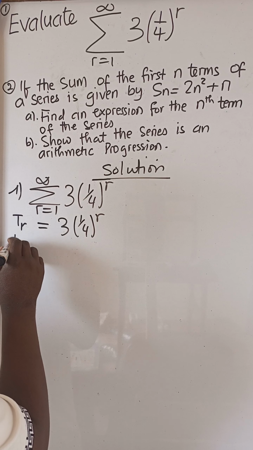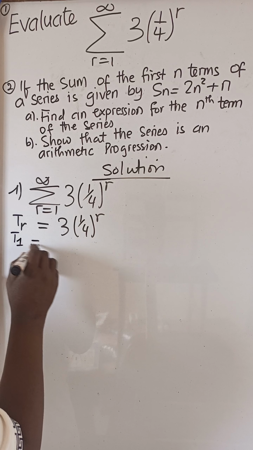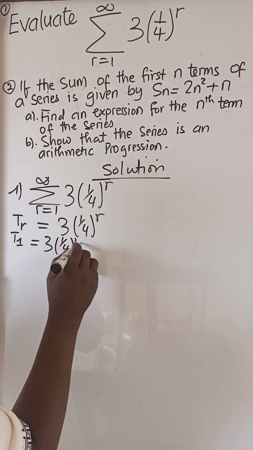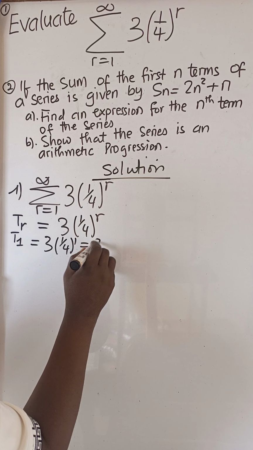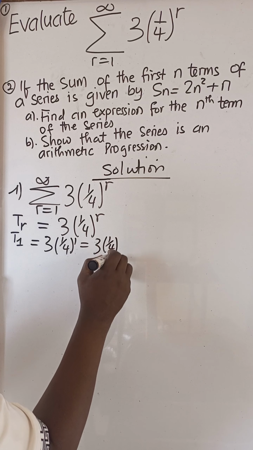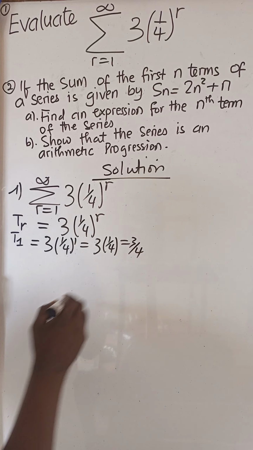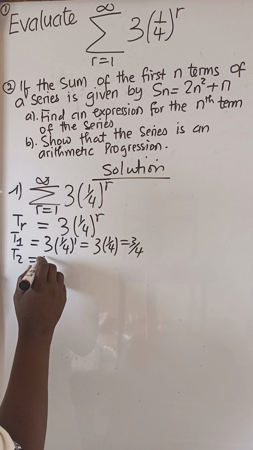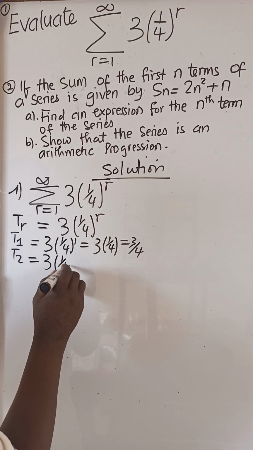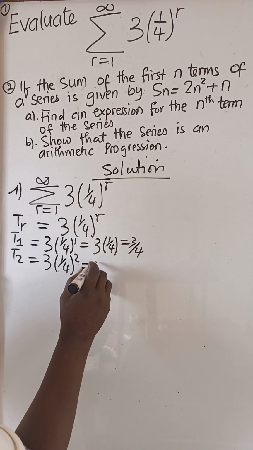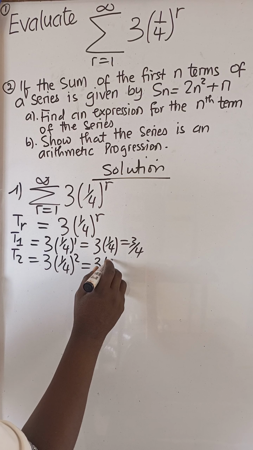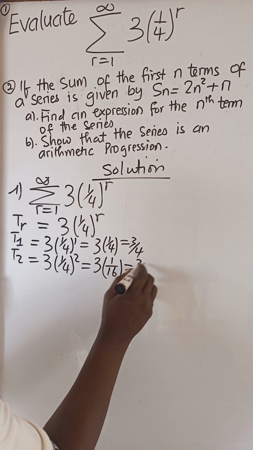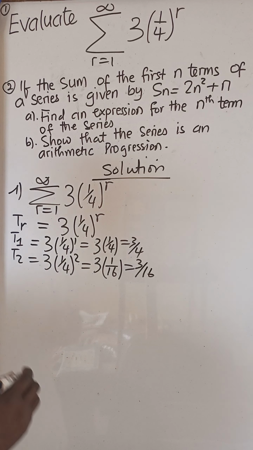So the first term will be when r is 1. When r is 1, we have 3 into 1 quarter to the power 1. That gives us 3 into 1 quarter, which is 3 quarters. The second term is when r is 2. 3 into 1 quarter squared. This is the same as 3 into 1 squared is 1, 4 squared is 16. That gives us 3 over 16.